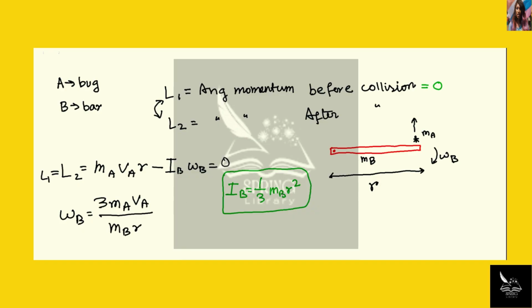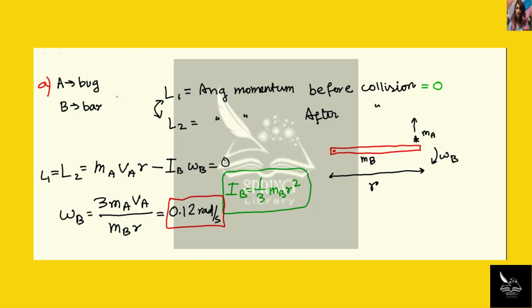All we did here is substitute ib by this expression and solve for omega b. Using the given values, since we're already given MA, MB, r, and VA, we see omega b is 0.12 radians per second. So to review, omega b is the angular velocity after the bug jumps from the bar.